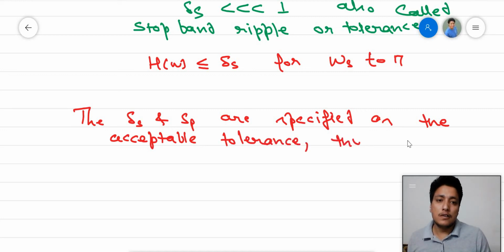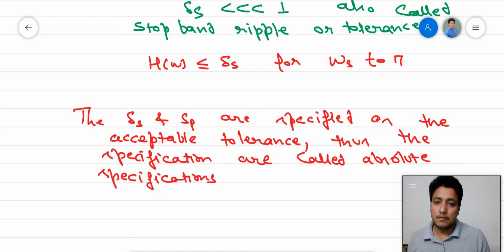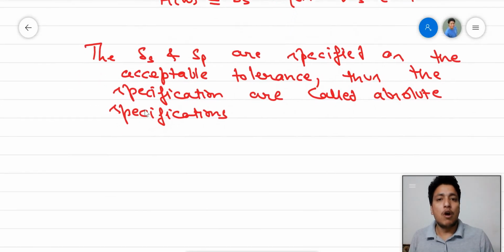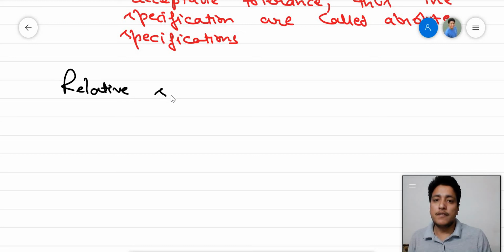Thus, these specifications are called absolute specifications. After the absolute specifications, it is important to find out the limits, that is, how much we can change the values of delta s and delta p. So these kinds of specifications are called relative specifications.